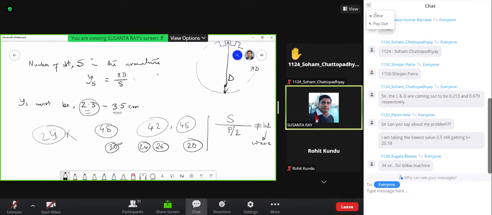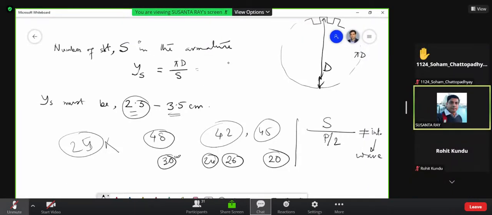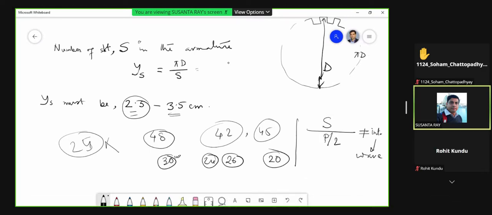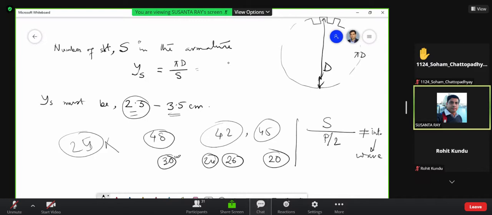To have the wave winding, this ratio should not be an integer. And for the range of machines that I have provided, mostly you can go for the wave winding. That will be simpler winding compared to the lap winding, because wave winding is just a series winding.